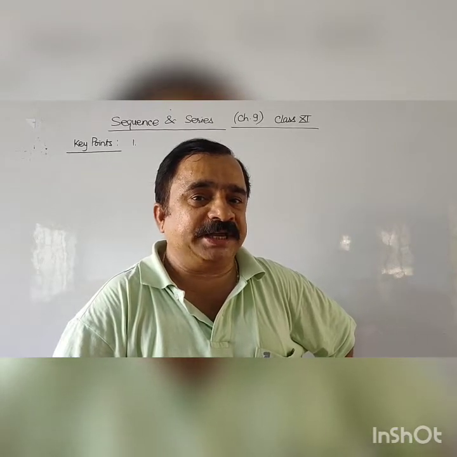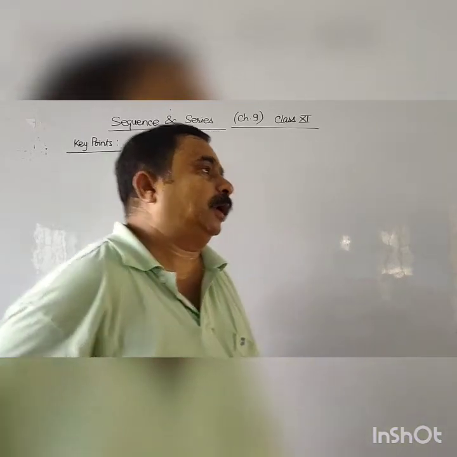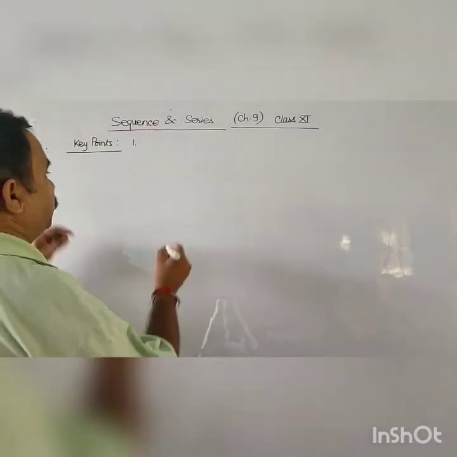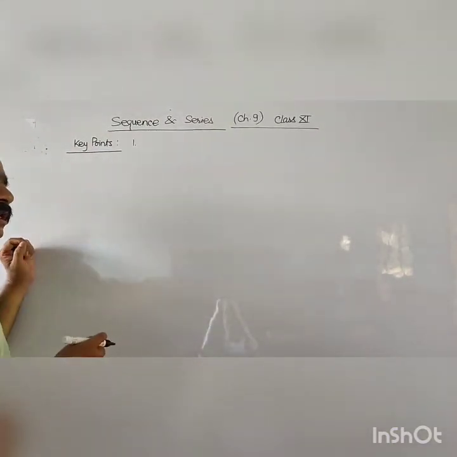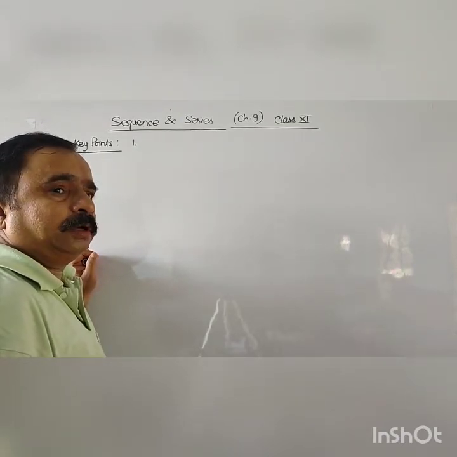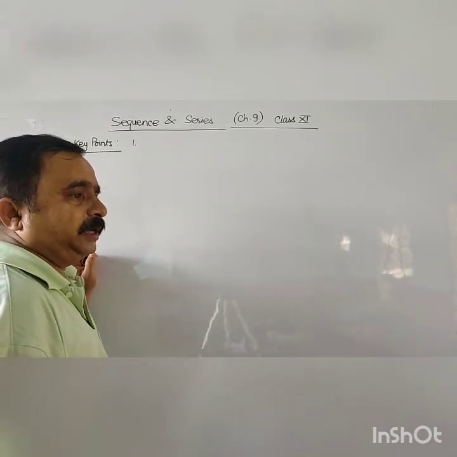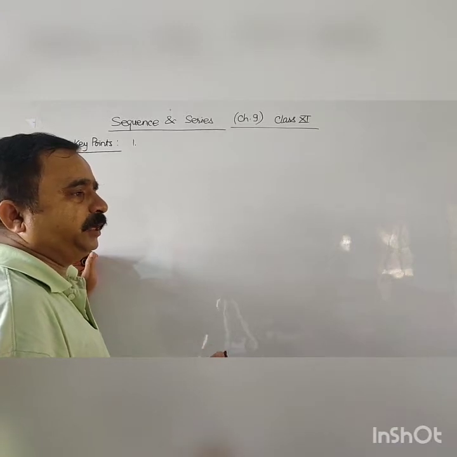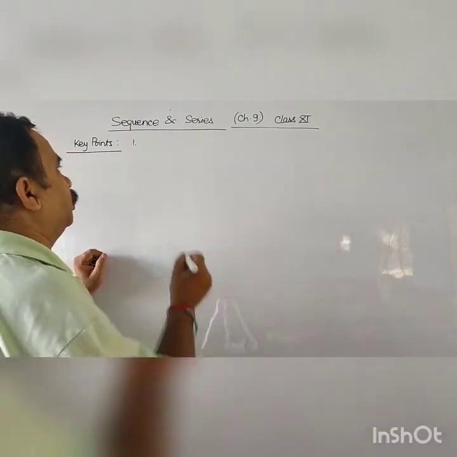Let us see. Suppose our original sequence A1, A2, A3, A4 is an AP, or a, a plus d, a plus 2d, a plus 3d, it is going on.